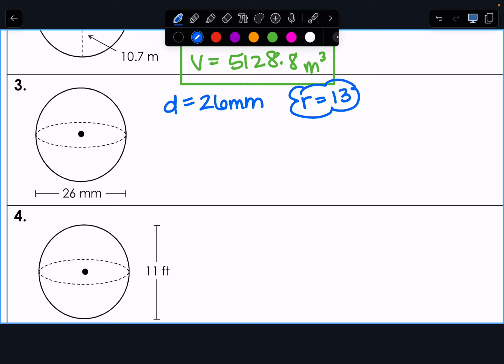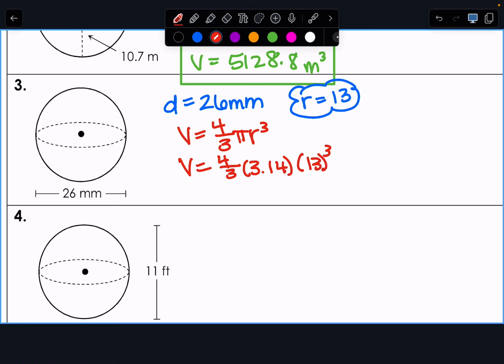So when I go to my formula for volume, 4/3 pi r cubed, we are going to have 4/3 times pi times 13 cubed. Kaylee got 13 because when we have the diameter, we need to cut it in half to get the radius. Calculate.